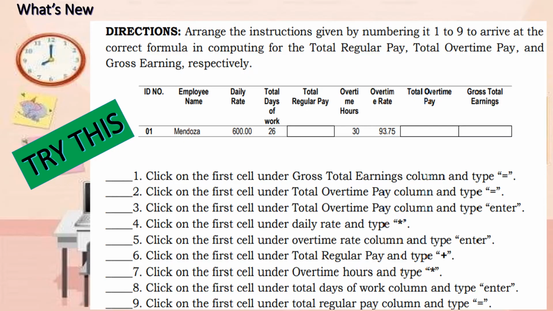Select the steps that should be done first from the given numbers below, 1 to 9. Then follow them here so that you can come up with the total regular pay, the total overtime pay, and the gross earning.